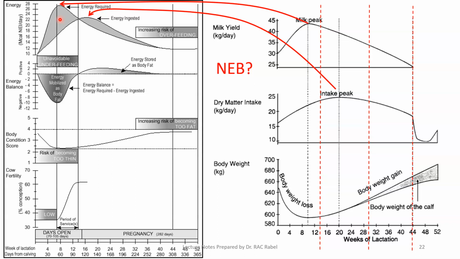Any biological system, whether it's a tree, a cell, a human being, a protozoa, a SARS-CoV-2 virus, or a car engine, no system is 100% efficient. Efficiency is always lower than 100%. So if efficiency is less than 100%, that means output cannot be higher than input. Input is always higher than output, right?